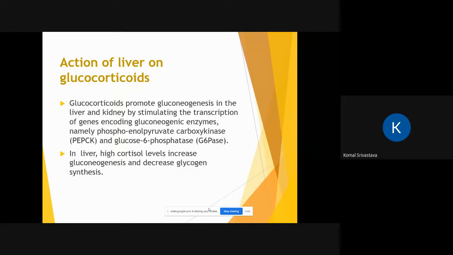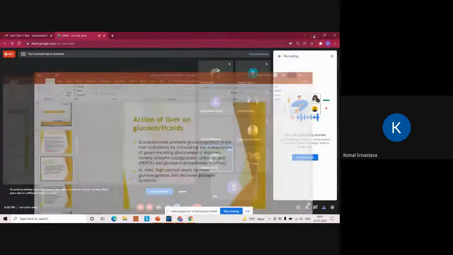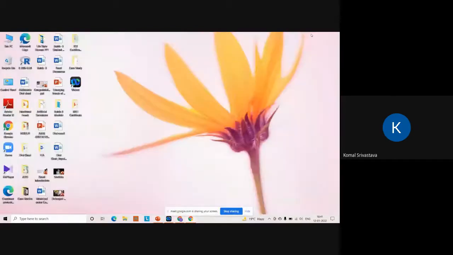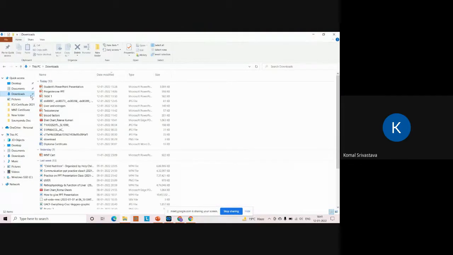And gluconeogenesis means we don't want gluconeogenesis to happen because we don't want the non-carbohydrate sources, proteins and fats, to be broken down. Because if protein is broken down, so what happens? Your muscle wasting starts taking place. So now, if the liver is not functioning properly, definitely all these functions will also get hampered. Is it clear now, students?